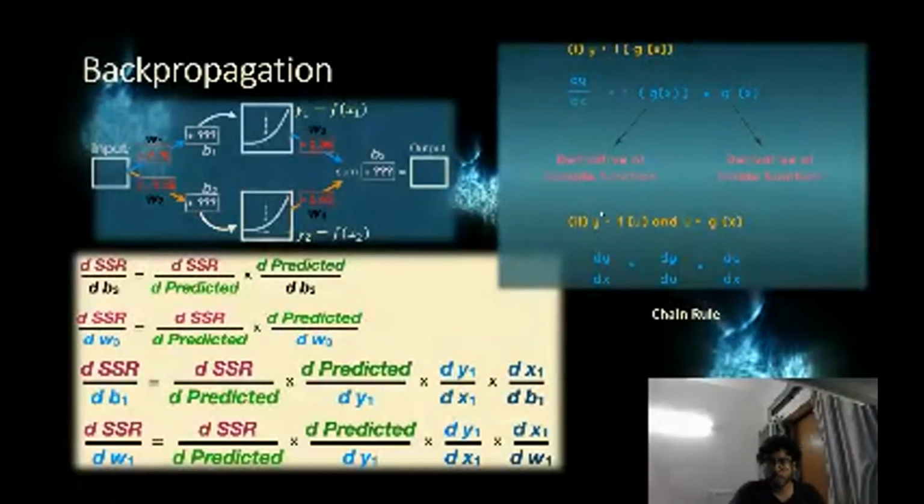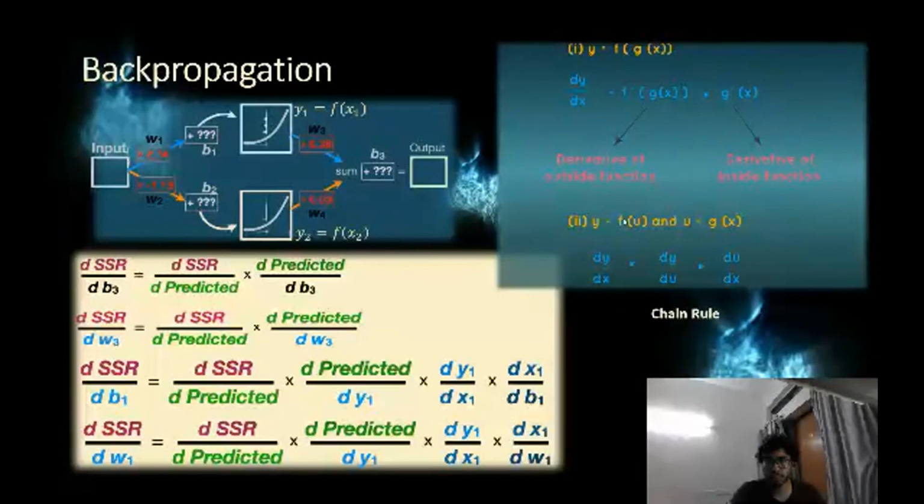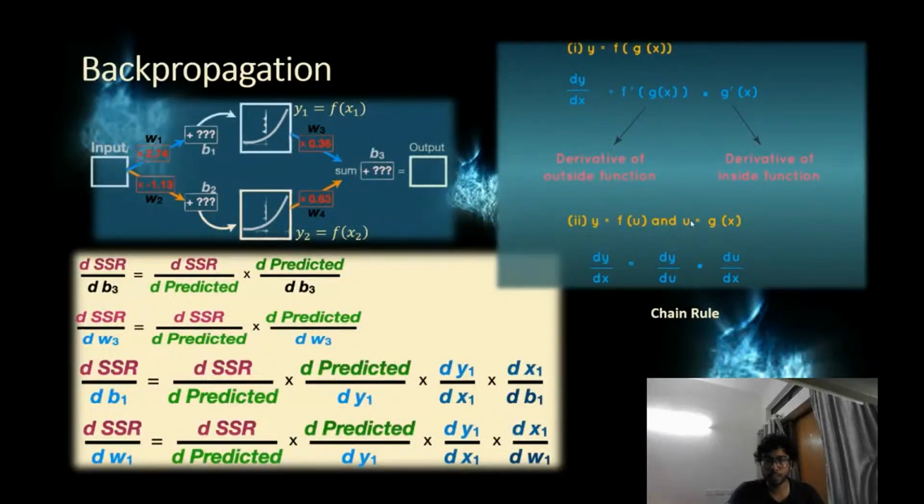Another way of saying it: if y is a function of u, and u is a function of x, then to take the derivative of y with respect to x, you take the derivative of y with respect to u first, and then the derivative of u with respect to x. To give you a quick example, let me go to my notepad.